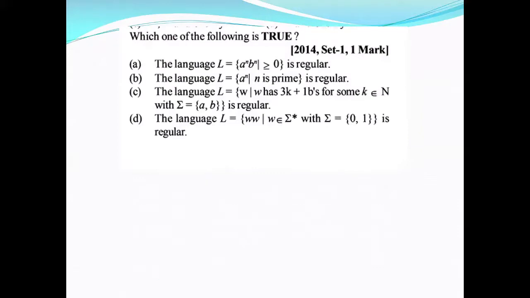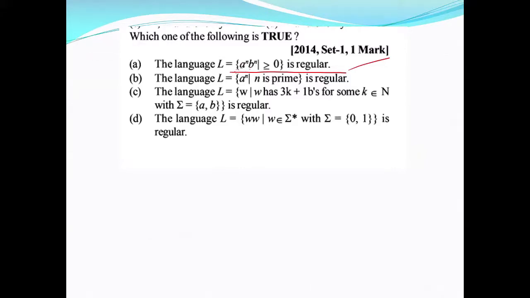Then which one of the following is true? The language is regular. Now look at the A power n, B power n is not regular. You can use the pumping lemma because the number of A's and the number of B's should be same. That means you need to remember the number of A's followed by the same number of B's.